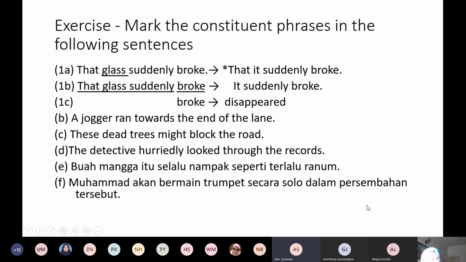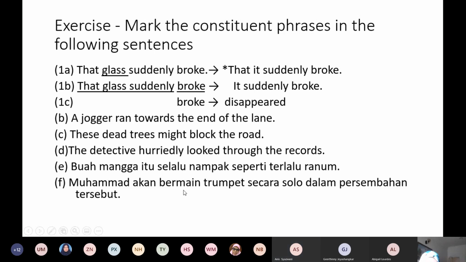So berapa sekarang? 4 kan. Muhammad satu, akan bermain trumpet satu, secara solo satu, dalam persembahan tersebut satu. Betul ke? Itu you dah ambil chunk lah, sebenarnya trumpet tu satu konstituen.